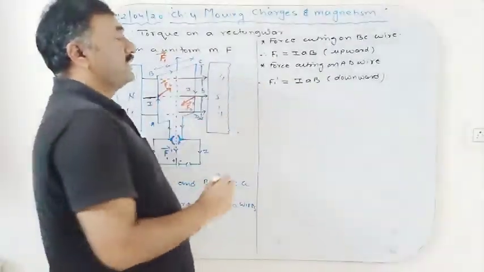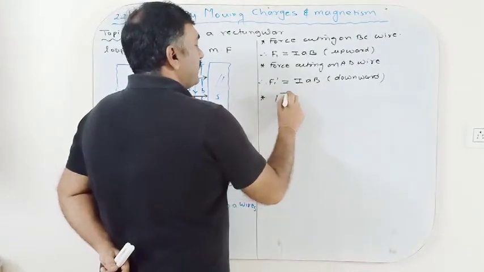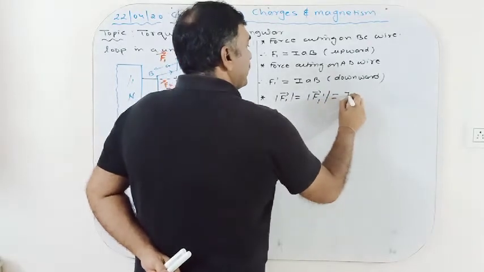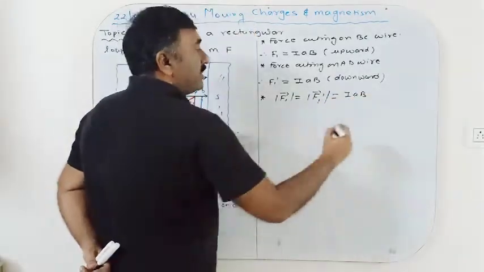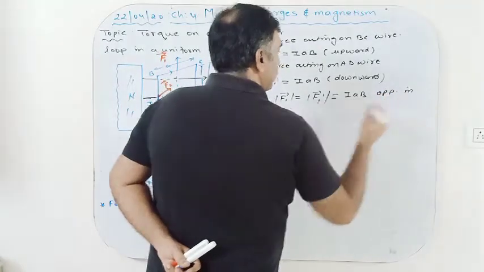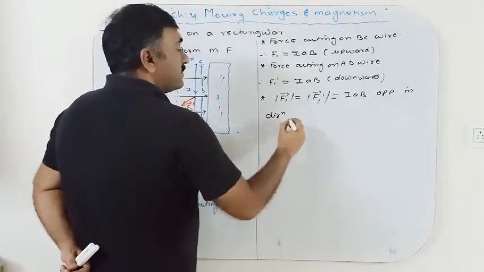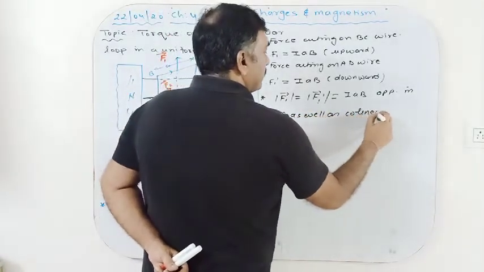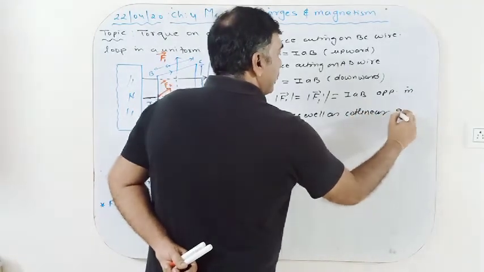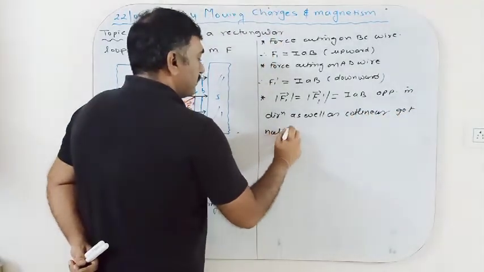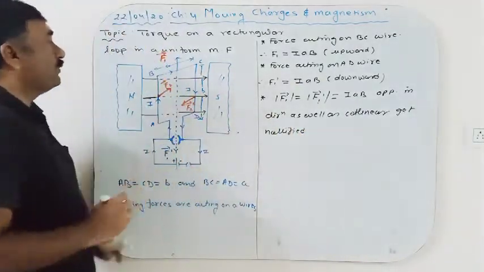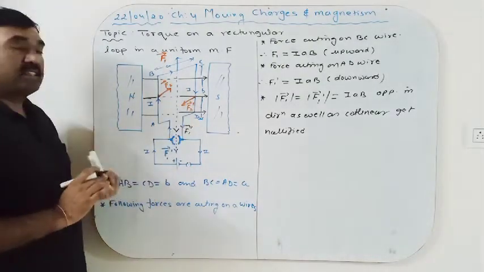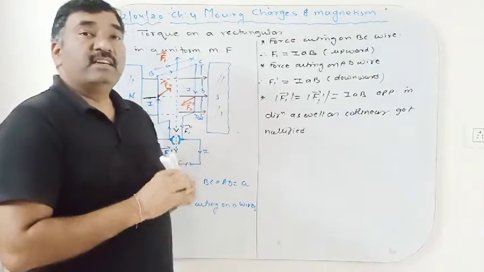Therefore the magnitude of F1 is the same as the magnitude of F1 dash, IAB. They are equal in magnitude, opposite in direction, as well as collinear, so they get nullified. So these two forces F1 and F1 dash are equal in magnitude and opposite in direction, and they get nullified.